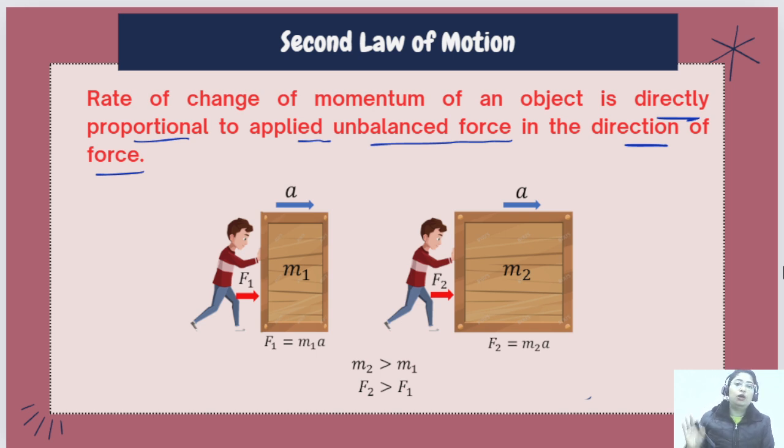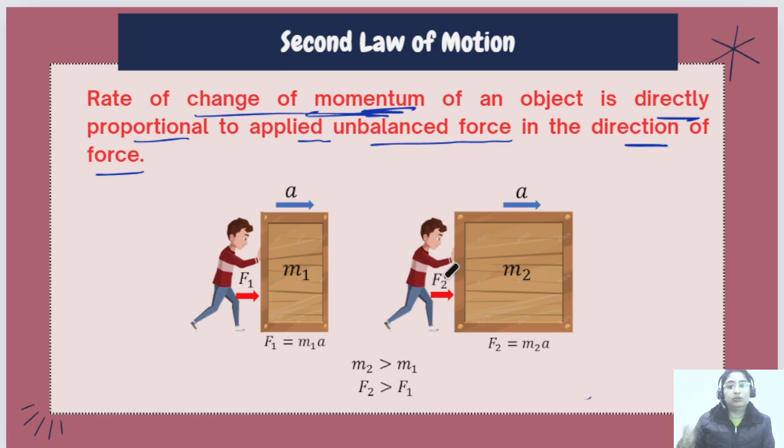Now, when the object is moving, if the mass of the object is more, you have to apply more force, but if the mass of the object is less, you have to apply less force, correct? So the rate of change of momentum, and here one more thing comes, the change of momentum. The speed of the object is changing, right?